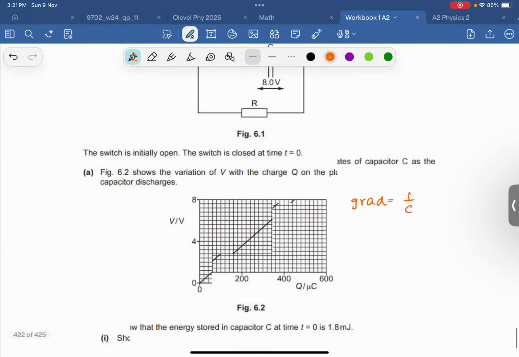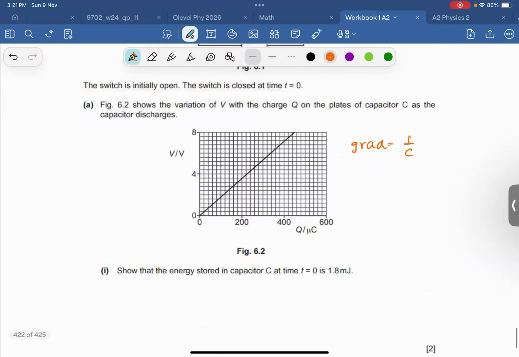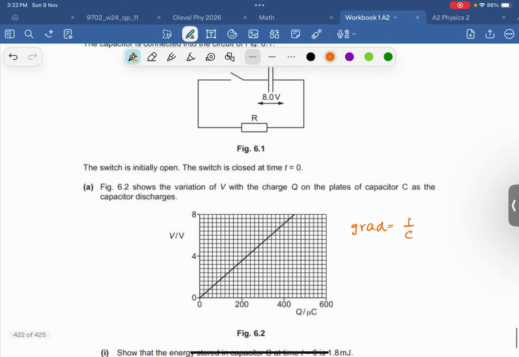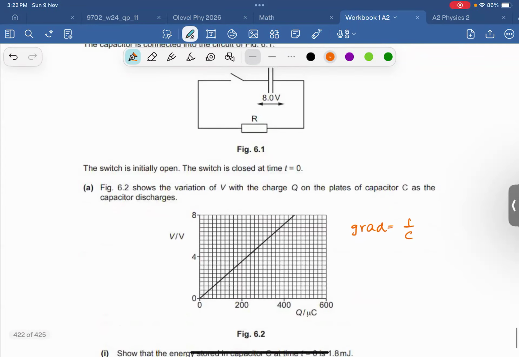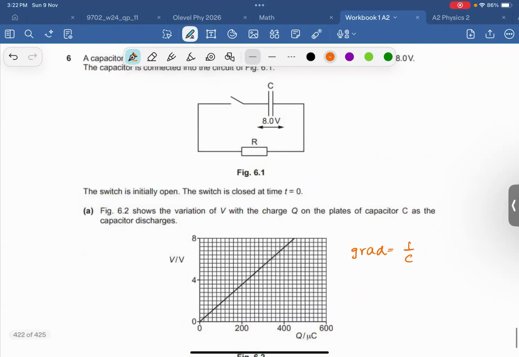And show that the energy stored in the capacitor at time t equals to 0 is 1.8 millijoule. So at time t equals to 0, there's a voltage of 8 volt. And we have to work out the capacitance. So we can use the gradient for the capacitance.